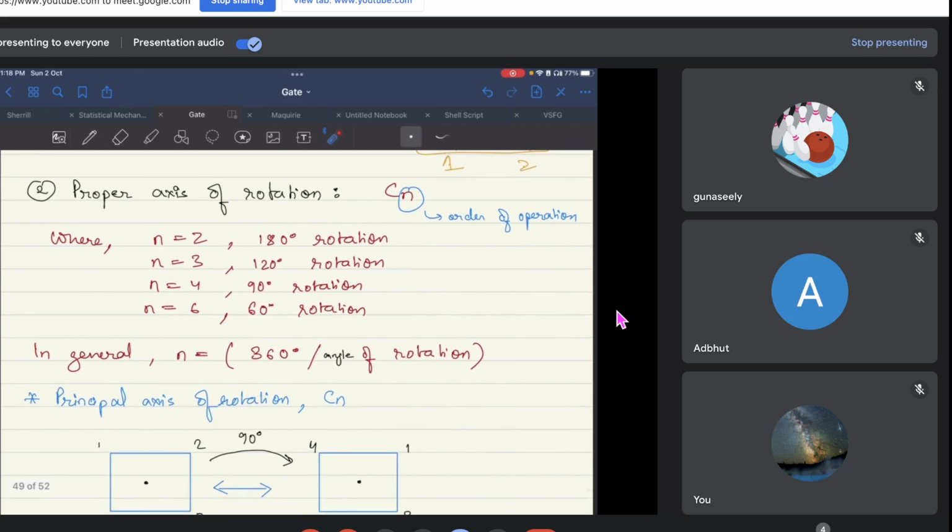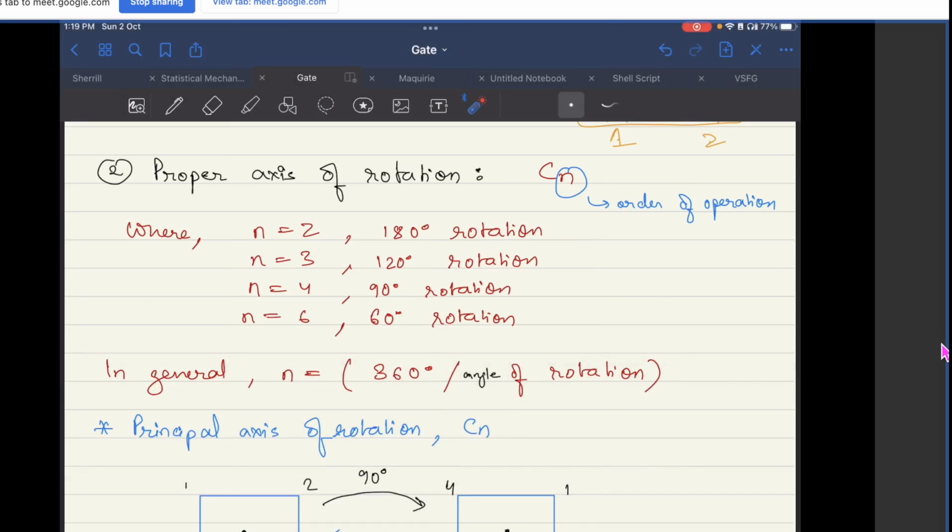If I am doing a 180 degree rotation of a molecule through an axis C, then n is equal to 2, so the order of the operation is 2. For the 120 degree rotation that I was doing in an equilateral triangle, my order of operation was n equal to 3. Similarly, for 90 degree and 60 degree, we have n equal to 4 and 6.